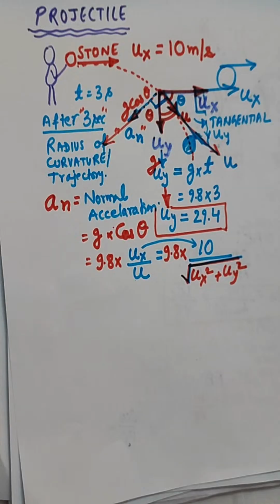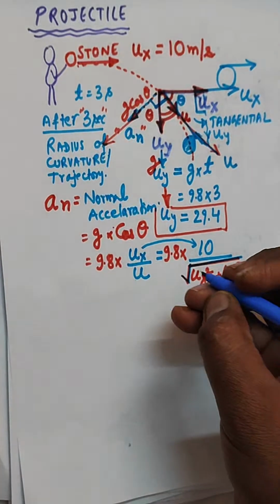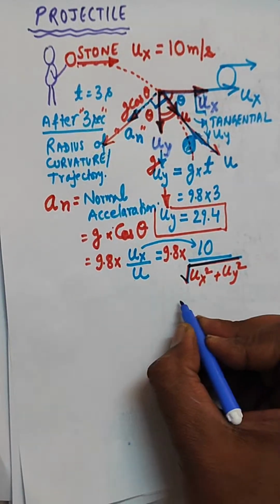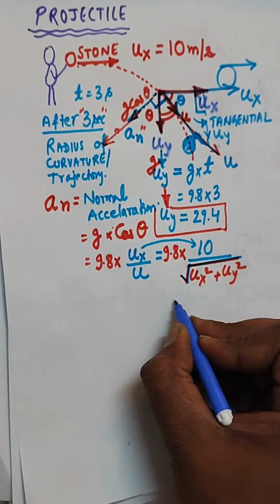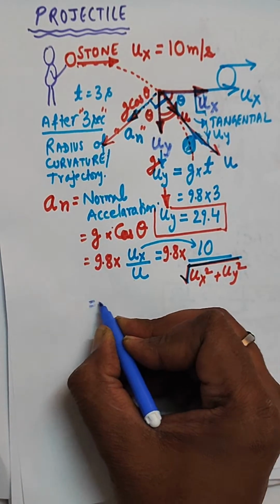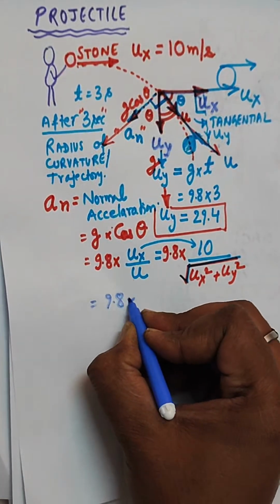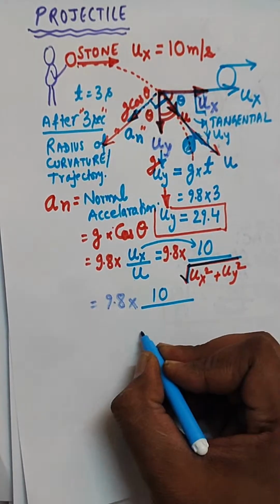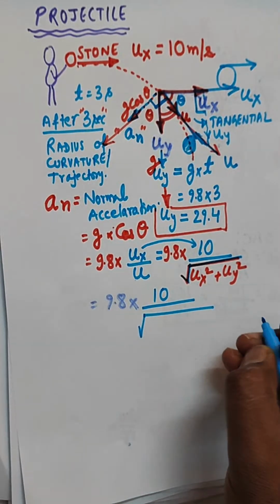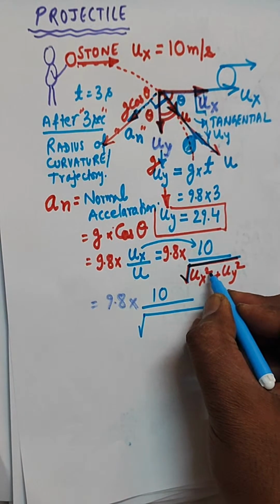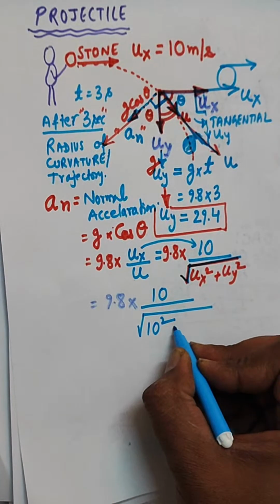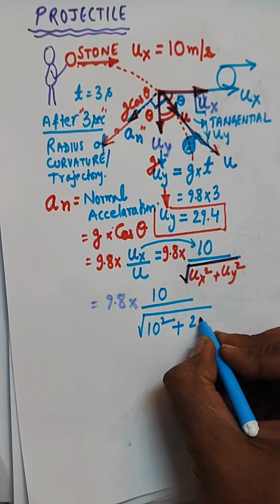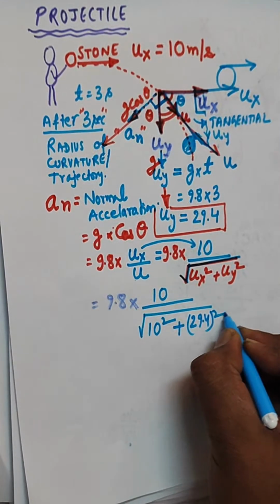So my dear friends, from here we get the tangential acceleration, and we simply put the value. This will be equal to, let me write it, 9.8 multiplied with 10 divided by root over of ux square, which is nothing but 10 square, plus uy square, which is nothing but 29.4 whole square.